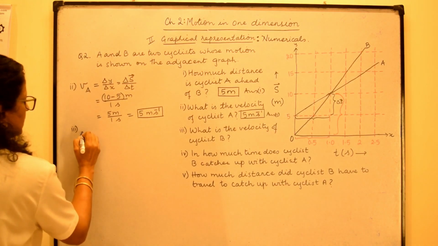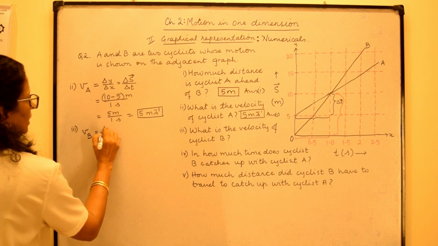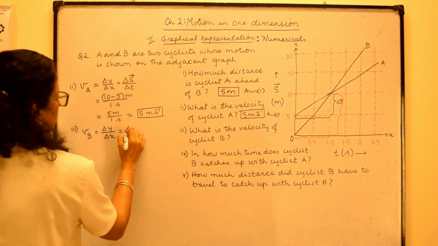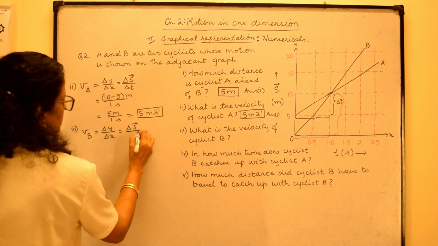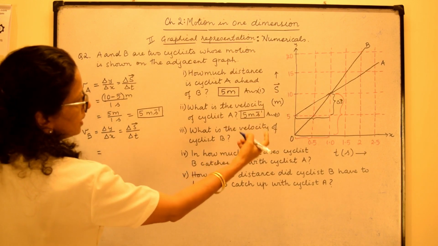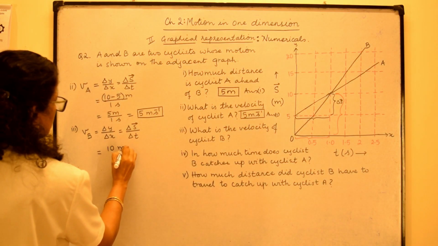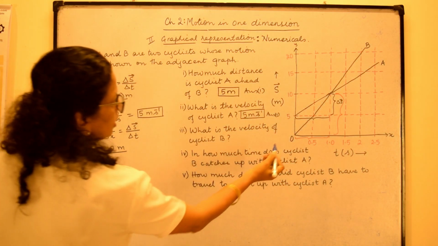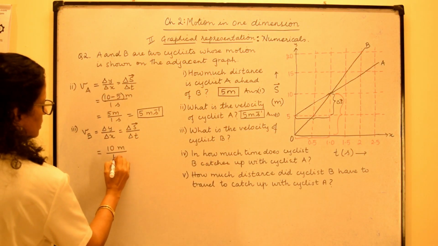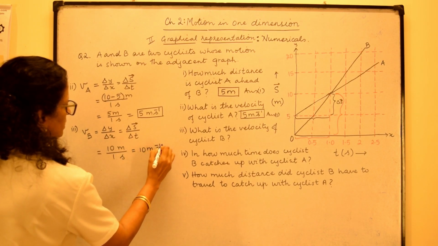Velocity of B will be delta y upon delta x, which is displacement upon time. Displacement is from 0 to 10. So that is 10 meter upon, from here to here our delta x, which is 1 second, and so it becomes 10 meter per second.